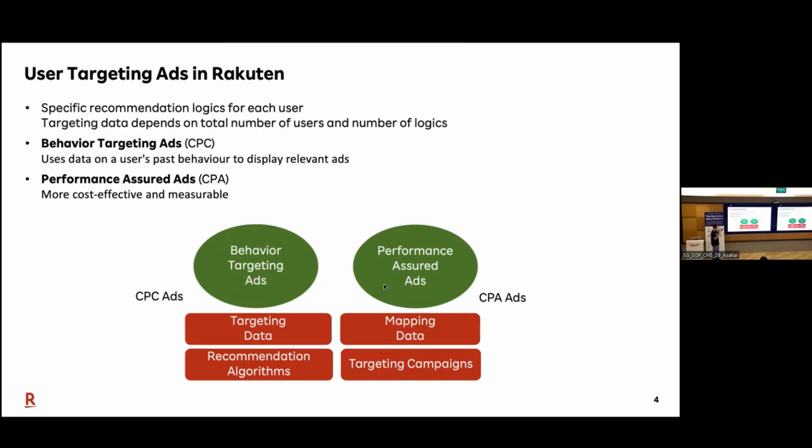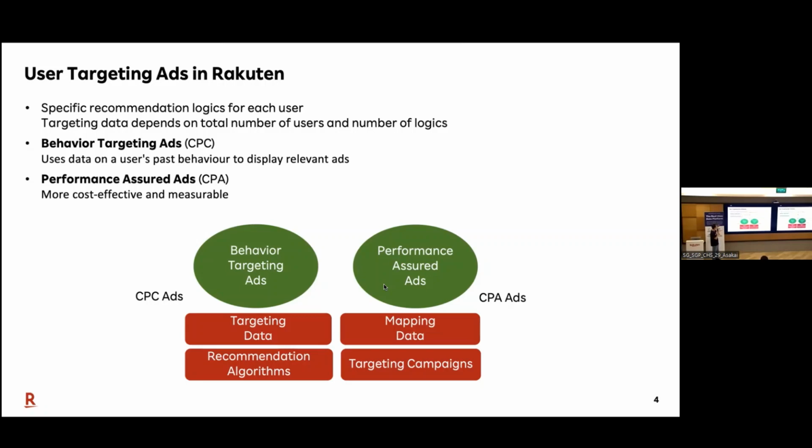So for BTA ads, we have a list of recommendation logics that run every day or even every hour by machine learning departments to generate a list of items that you may be interested in every day.